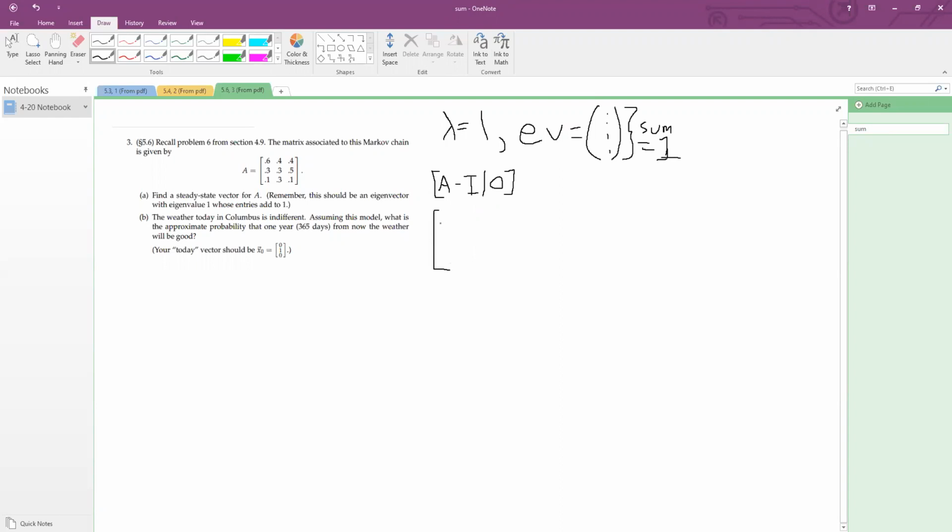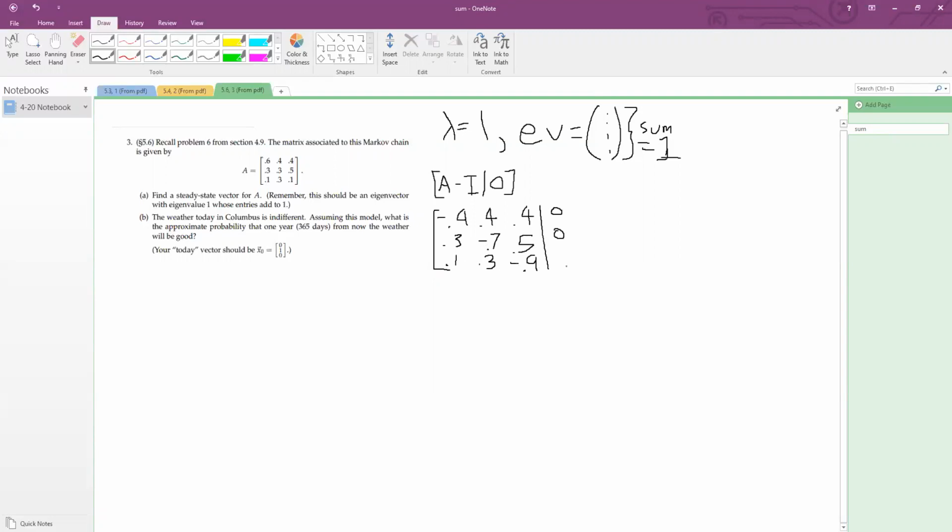So if we were to actually write it out, we would have negative 0.4, 0.4, 0.4, 0.3, 0.5, or I'm sorry, this should not be a 0.3, this should be a negative 0.7, right? 0.5, and a 0.1, 0.3, and then a negative 0.9 because we're subtracting 1.